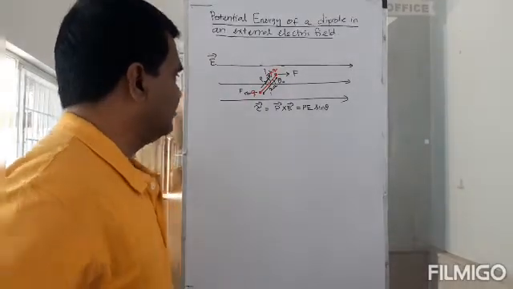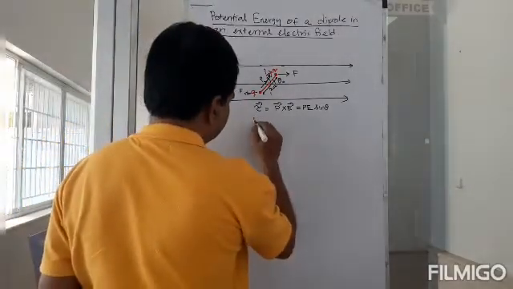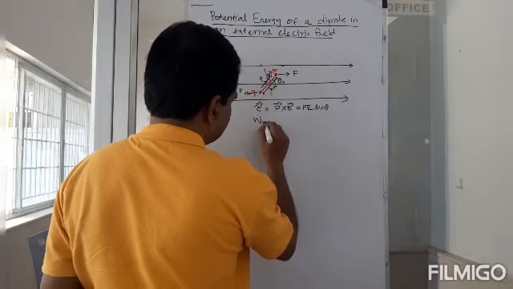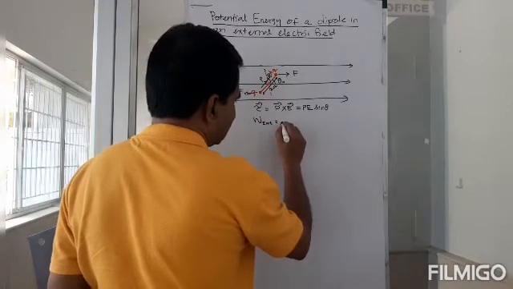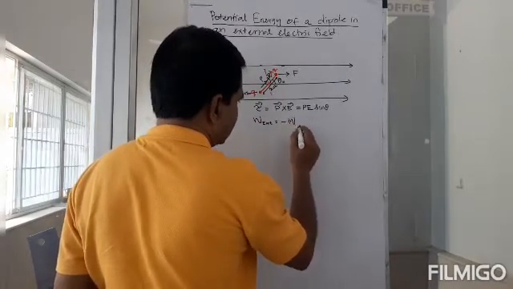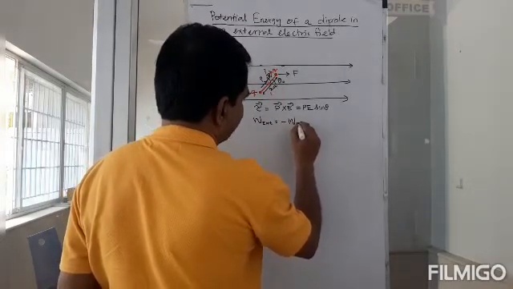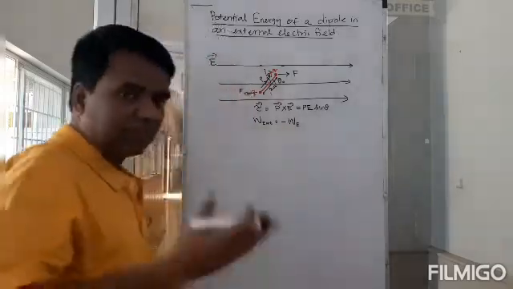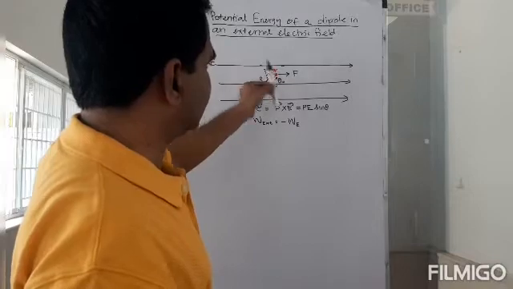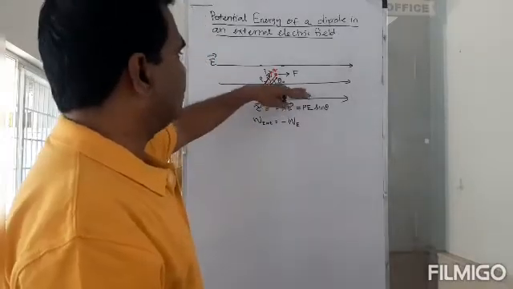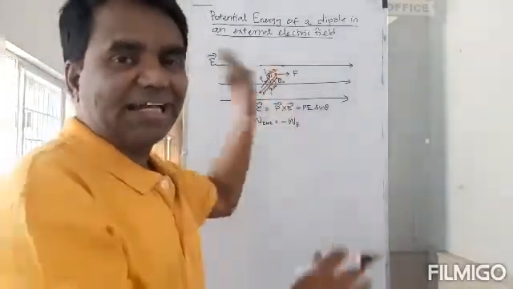So the work done by the external force must be equal to the negative of the work done by the electric force. As it is moving from this position to this position, E will also do work, but that's negative work.